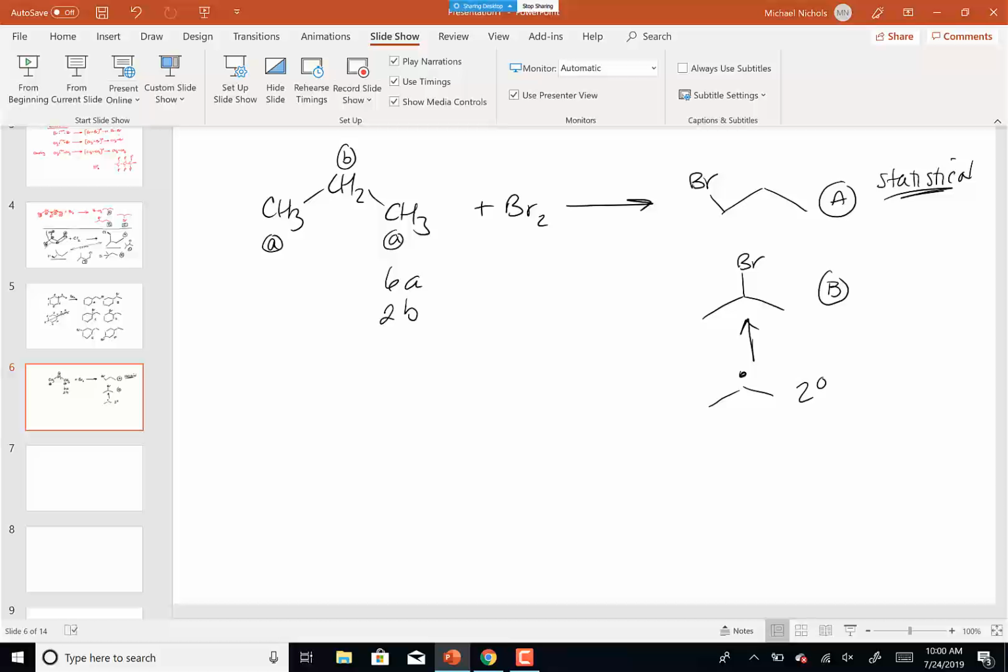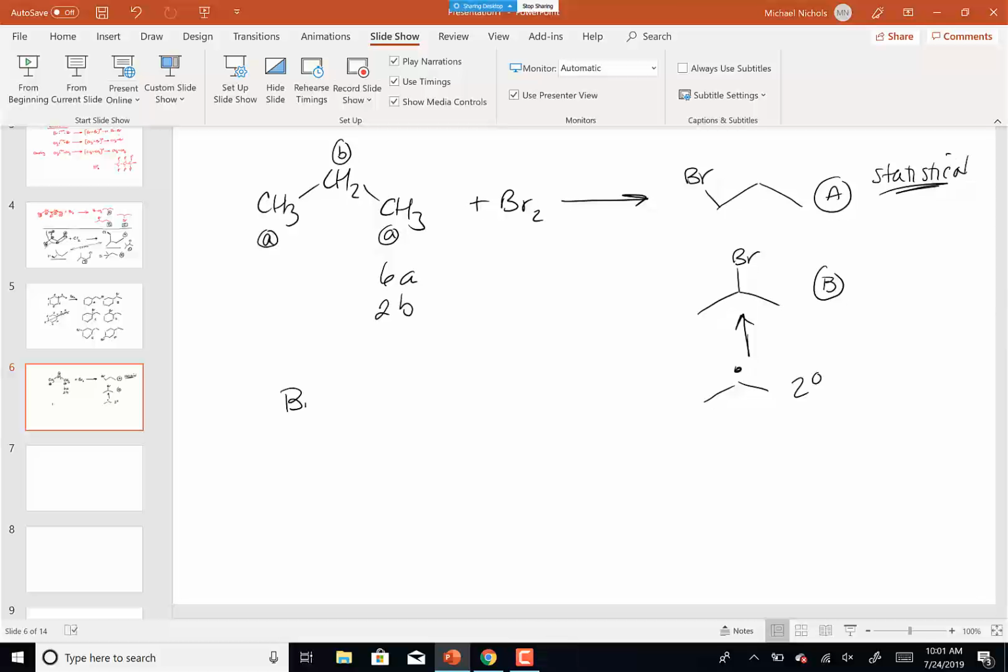So what is the major product of this reaction? Is it A or B? Well, my answer is going to be, it depends. And then your question should probably be, on what? Right, what's it going to depend on? Well, here's what it's going to depend on.